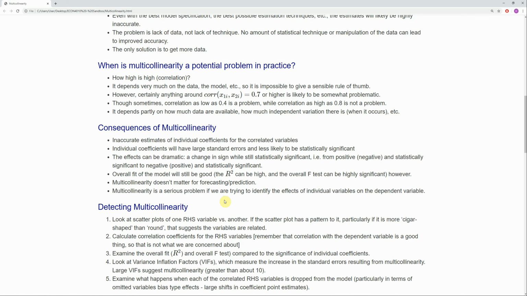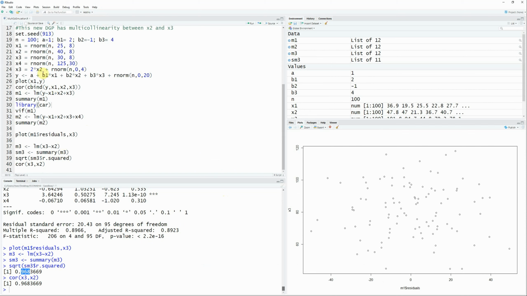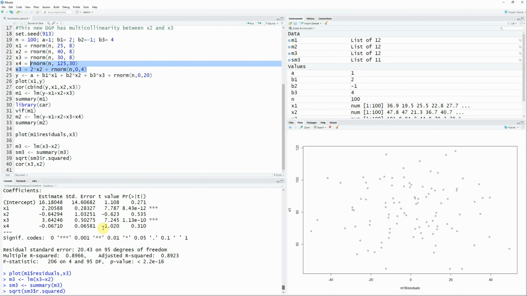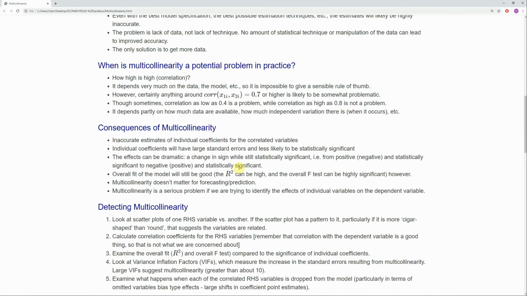We talked about consequences of multicollinearity. We saw, in the case of x2 and x3 when they were correlated, that we ended up with misleading results and less efficient estimates for our significant variables.